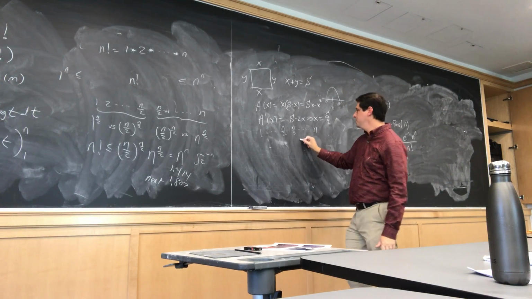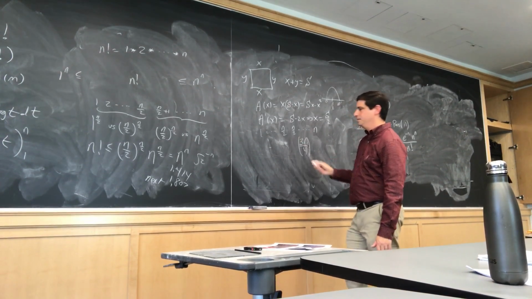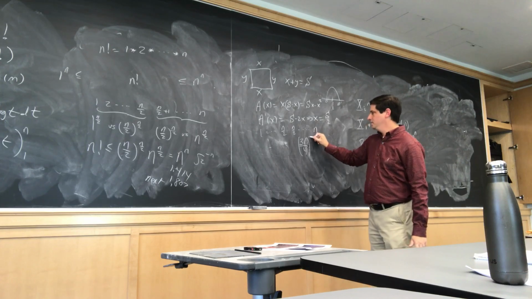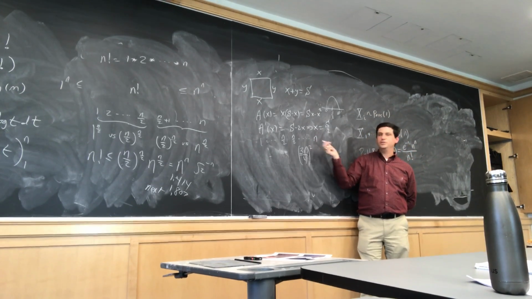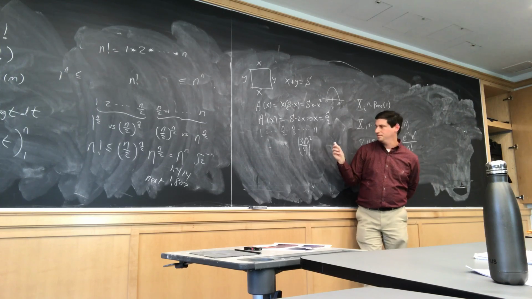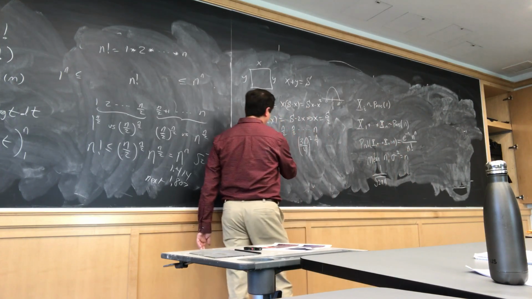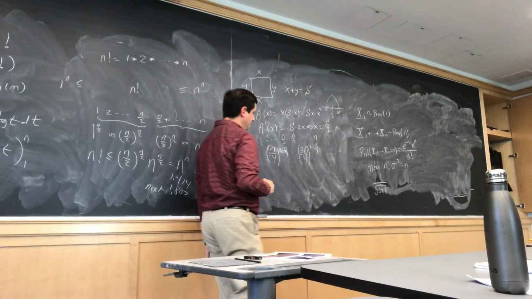So this would be 3n over 4, right? I have to square it, so I take it twice, and the number of pairs I have is no longer n over 2, it's now n over 4 pairs. And in the other one, it would be n fourths squared to the n fourths.